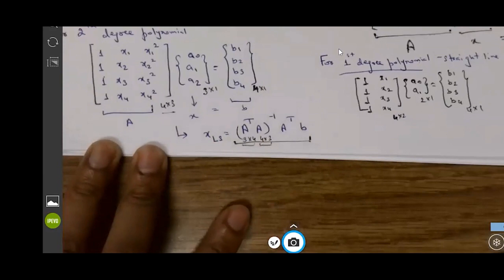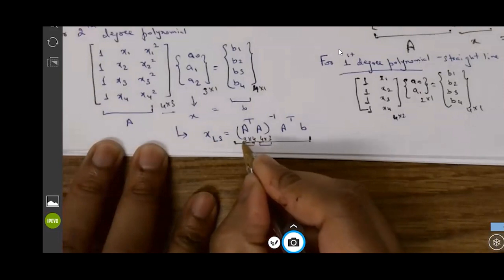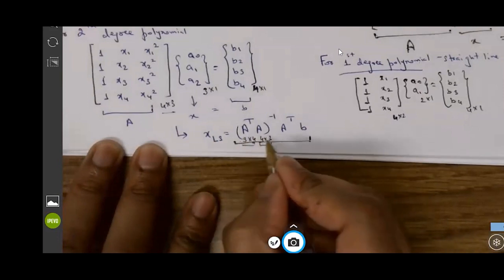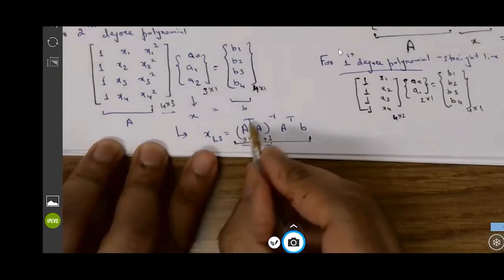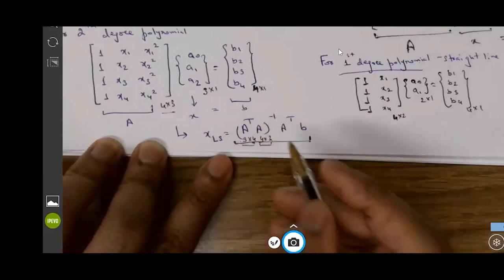3 by 4 times 4 by 3. The inner dimensions have to be the same and the output will be the first row and second column, so it will be 3 cross 3. So the output of A transpose A will be 3 cross 3 and the inverse of that will be again 3 cross 3.